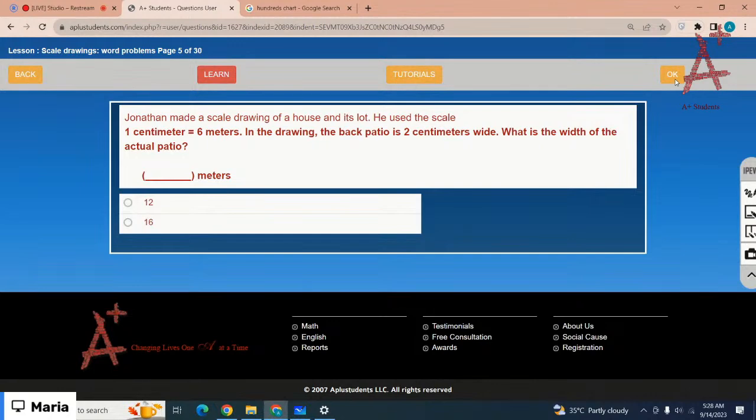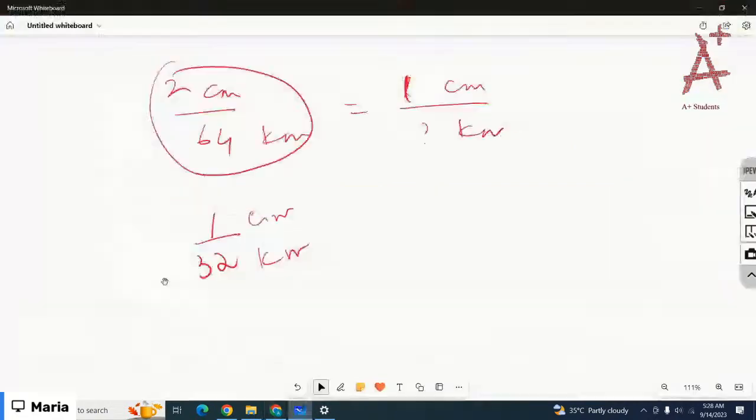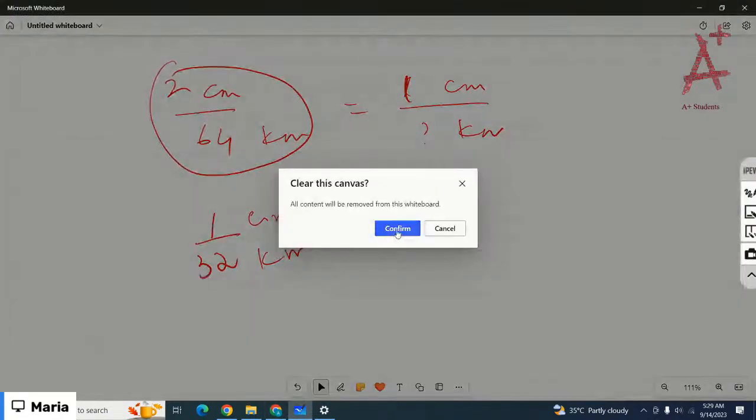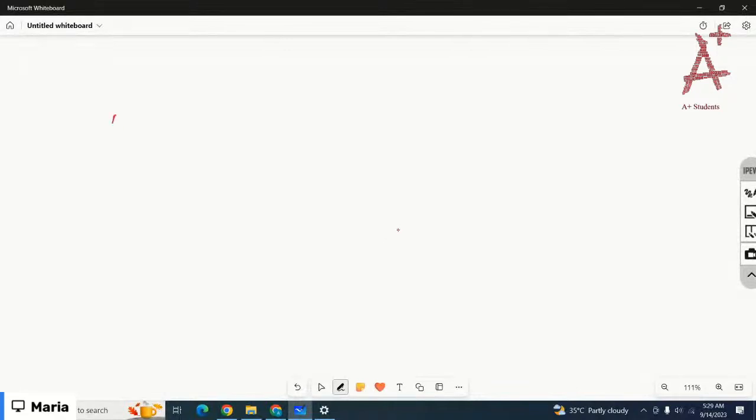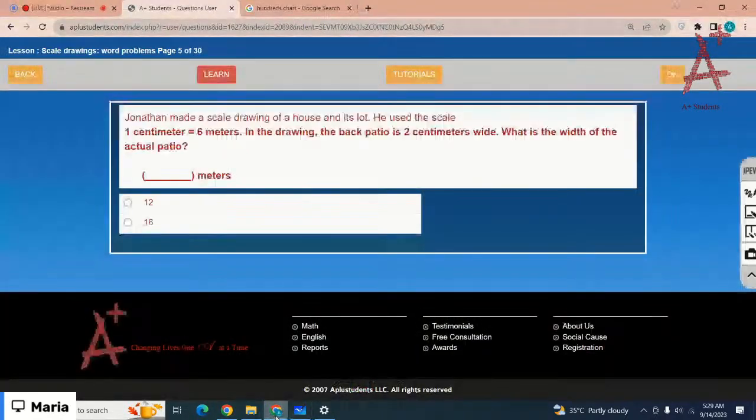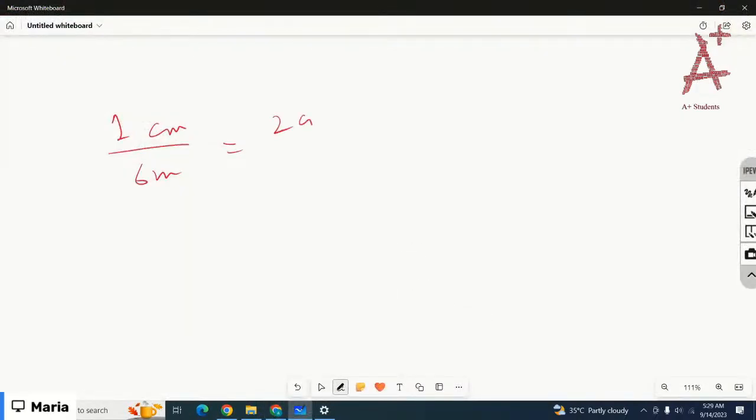What is the width of the actual patio? The scale is 1 centimeter to 6 meters.